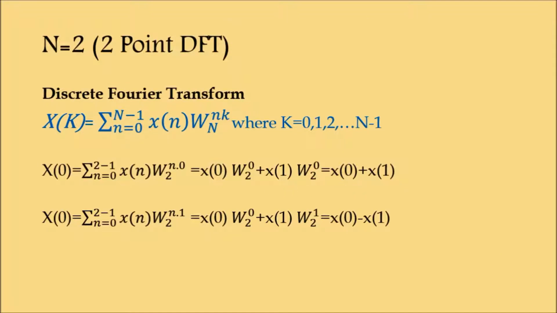Now suppose we have taken N equal to 2, meaning a 2-point DFT. The formula we have written is X(k) equal to the summation, n starting from 0 to N minus 1, x(n) W_N raised to nk. Put the value of N equal to 2, so this formula will become X(k) equal to the summation from n equal to 0 to N minus 1, x(n) W_2 raised to nk.